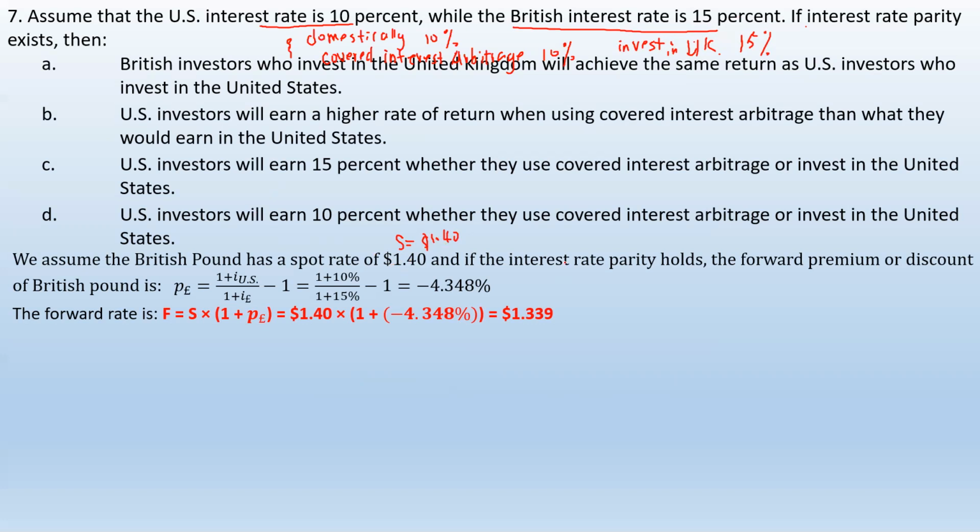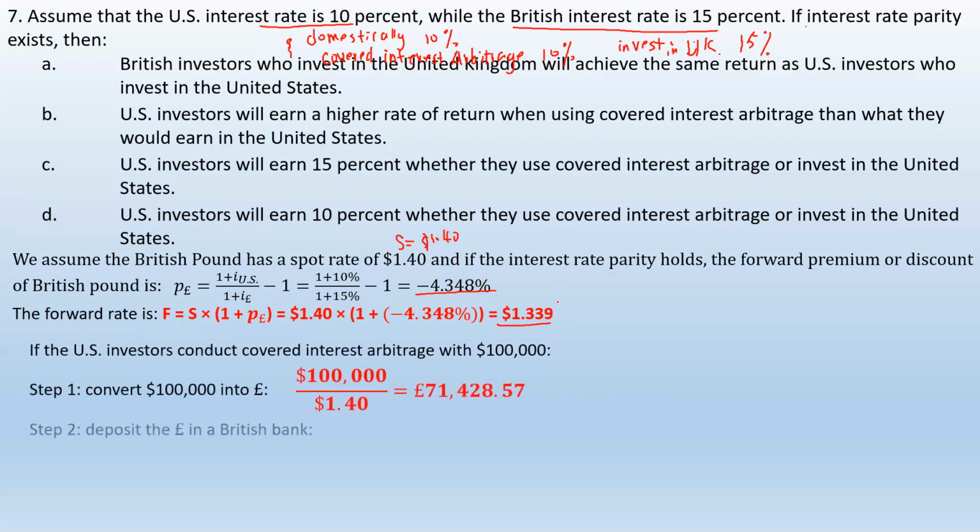If interest rate parity holds, the premium or discount P equals 1 plus the US interest rate divided by 1 plus the British interest rate, minus 1. So it's negative 4.348%. Then we can find the forward rate, 1.339.